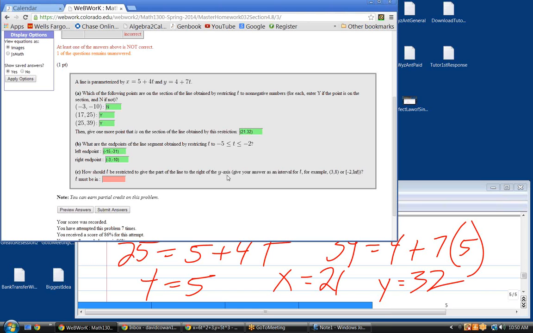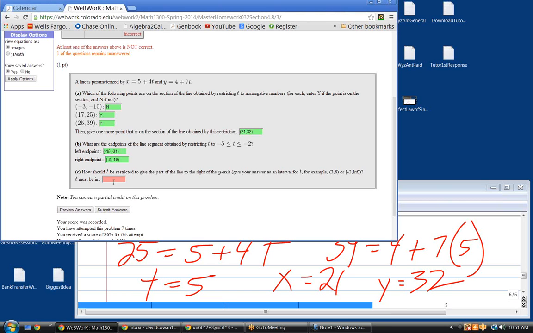And then look at the line where it's to the right of the y-axis. In other words, wherever x is positive. And then we have to figure out what that point is and what that value of t is. Right off the hand, it looks like x will be positive whenever t is minus 5/4 or greater.